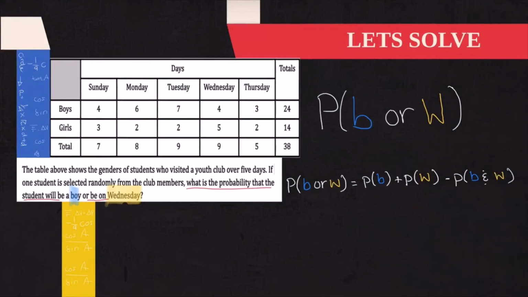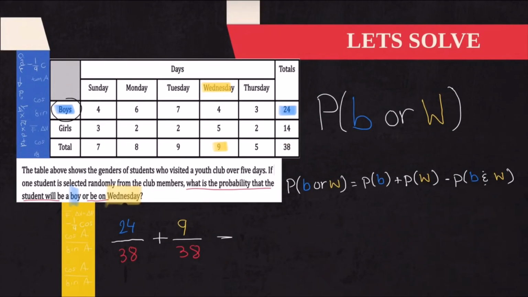The probability of a boy is the total of 24 over the total number of students, plus the probability of Wednesday, which is the total students who attended on Wednesday, 9 students attended over the total of 38 students, minus the probability of boys and Wednesday, which is the total of boys who attended on Wednesday.